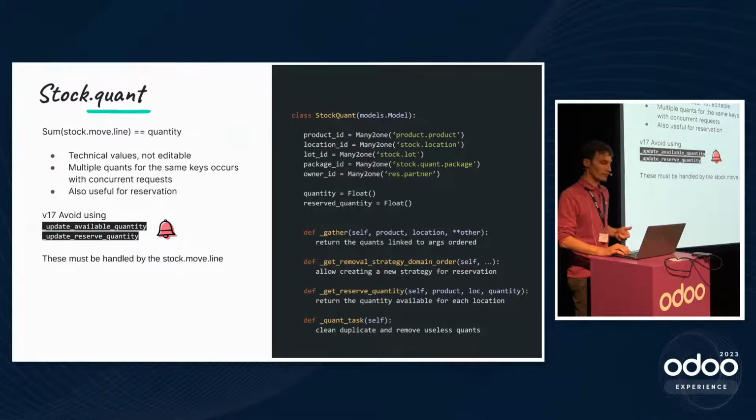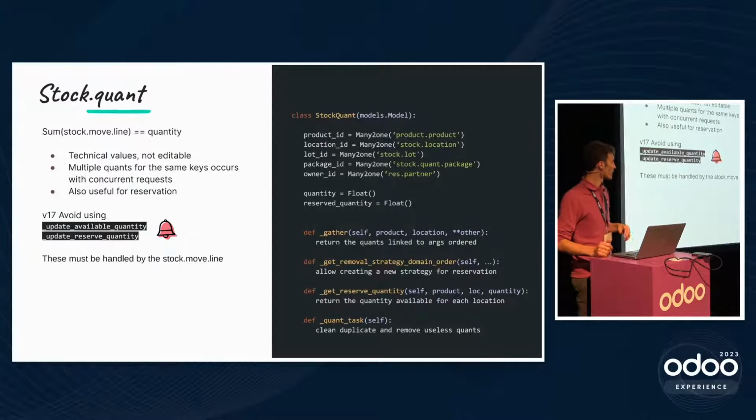First is the getter. So you want to get all the quants with some parameters. So let's say I want all my quants for my product in this location. I don't care about the lots or the package. Tell me all the quants I have.